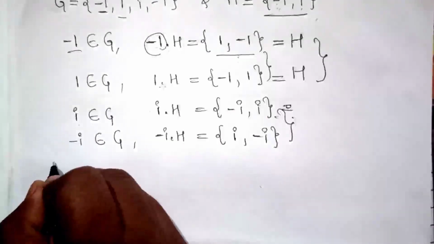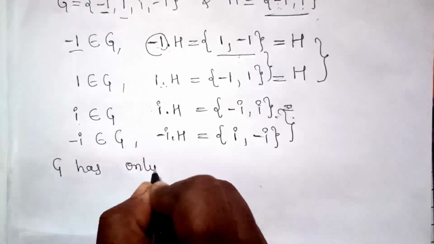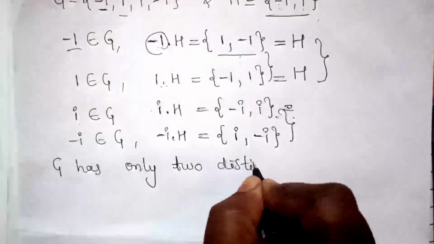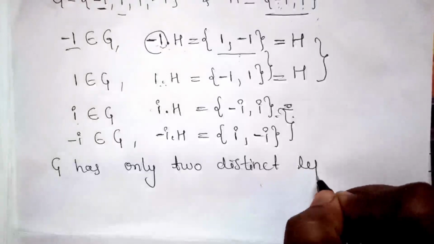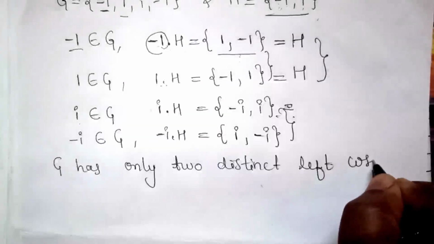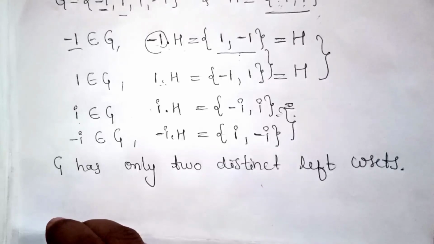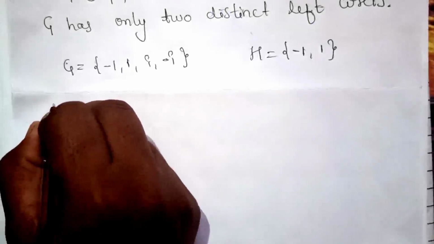Therefore, G has only 2 distinct left cosets, because we formed left cosets. Similarly we can form right cosets, by the same method.